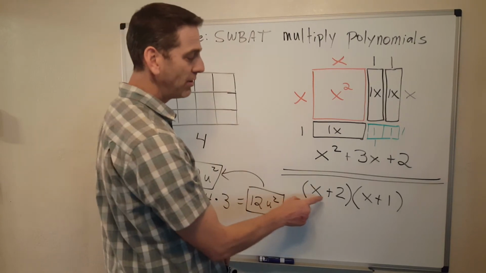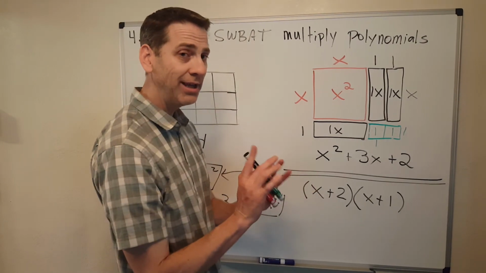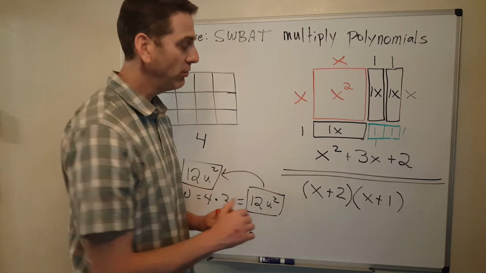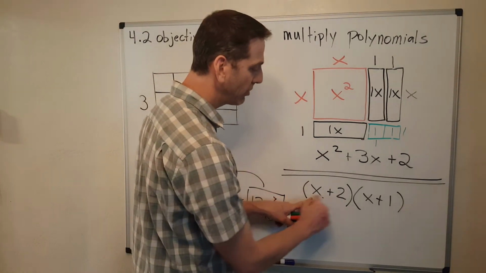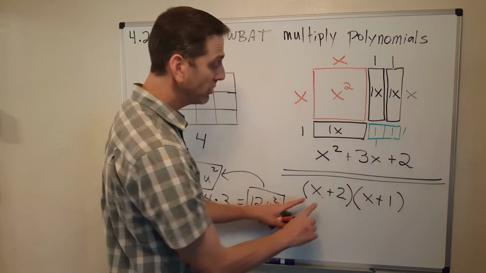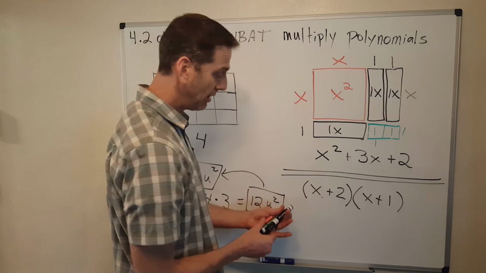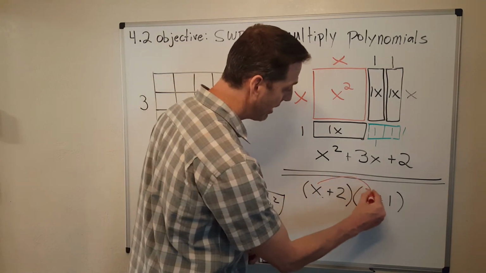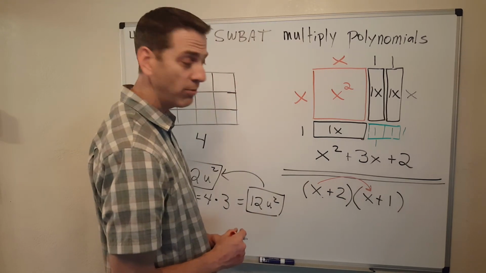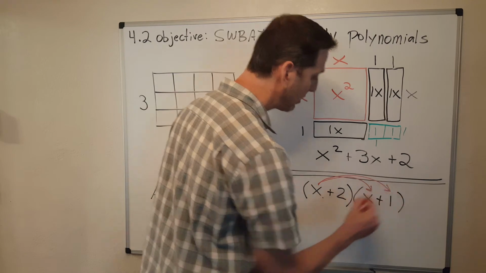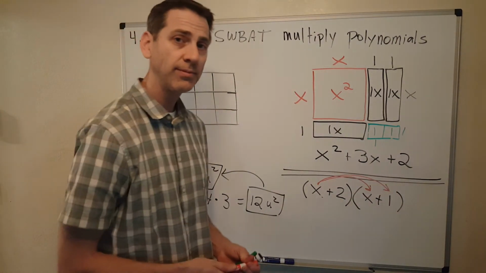Okay. So we have, here's the key. The key is distribution. You want to distribute every one of these terms into every one of these terms, okay? So we're going to start with the x. Let's distribute that x to that term there, that first term over there, and then we're going to distribute that x to that second term over there.